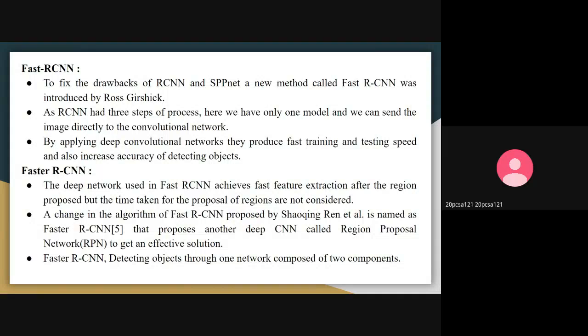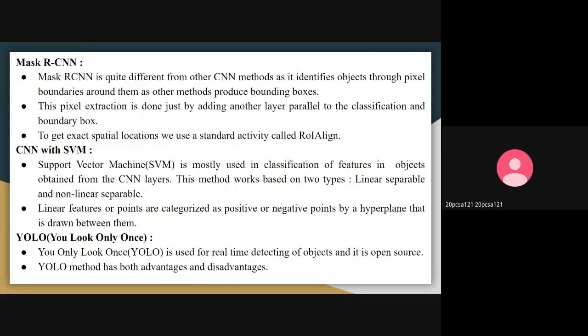Next comes Mask R-CNN, which is quite different in the way that it gives output. The previous work framed bounding boxes around objects in the input.